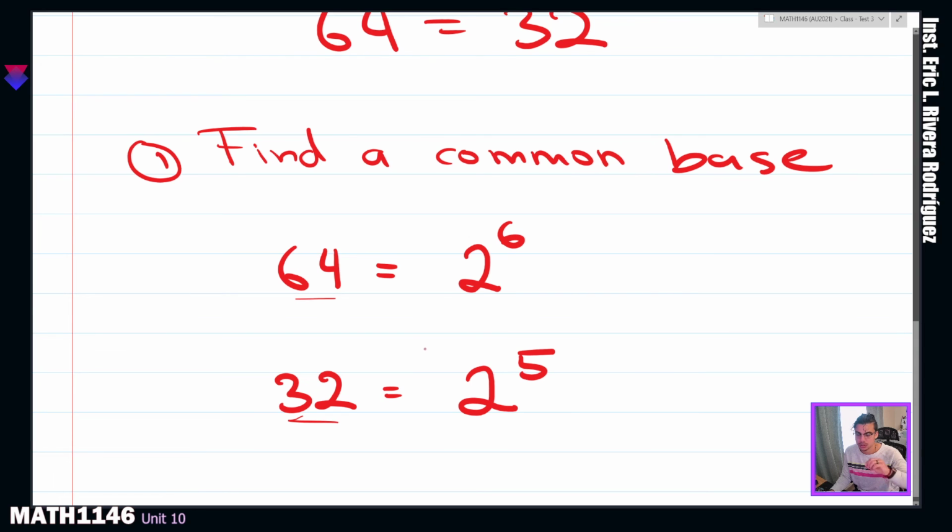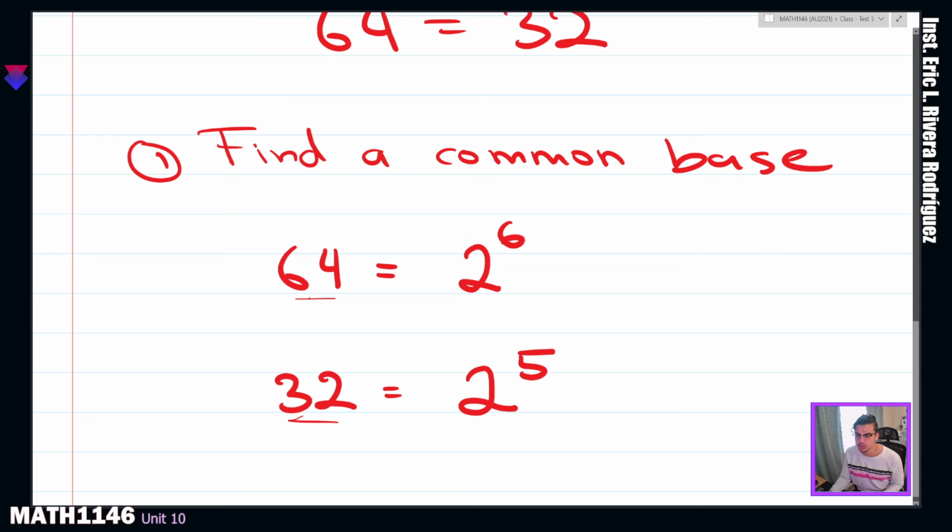So how would you know this? I don't know if you know about prime factorization. But this part of finding a common base, you want to practice.